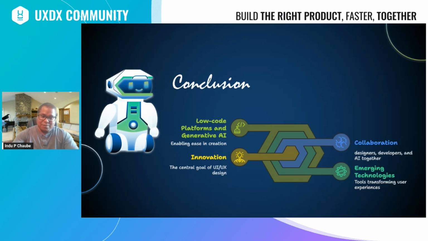From a collaboration perspective, it is going to simplify working together for designers, developers, and AI, right? Once these things happen together, it promotes a lot of collaboration in real time. That also saves a lot of time for the business to go to market. And for emerging technology, we know today it's Gen AI, tomorrow something else, right?